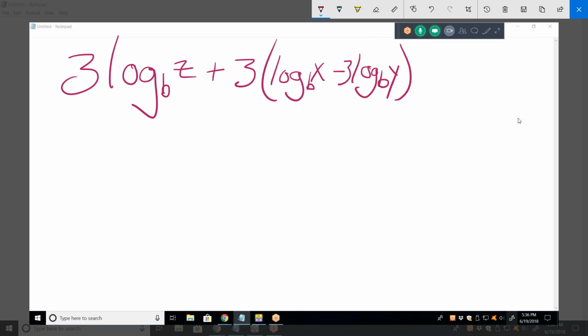What do we do first? Okay, so first I want to bring all the numbers from in front to the exponent position. So it's going to be log b of z to the third. Hold on a little second for that. I realize that's going to give us a problem. Let me show you what the problem is, and then let's talk about a better way to do it.